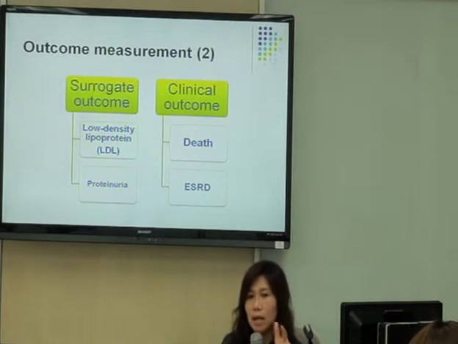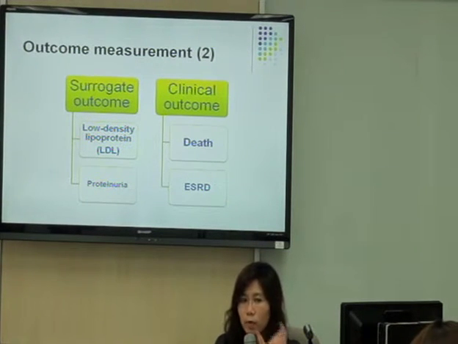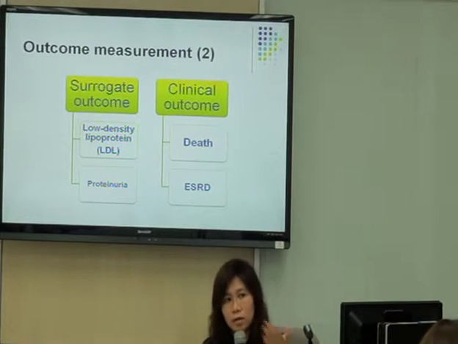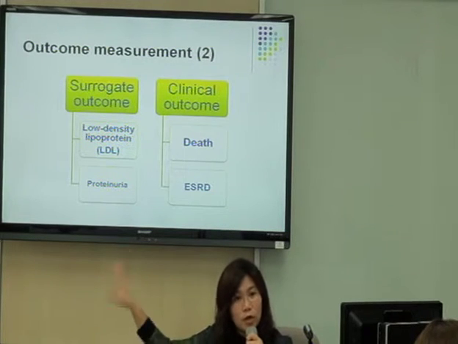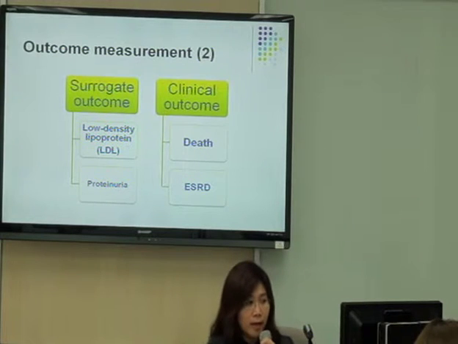Another word that is now coming hot in the field of epidemiology is the word mediators. Mediators, you can measure it as surrogate, and it is the mediator that causes the clinical outcome. For example, proteinuria here.